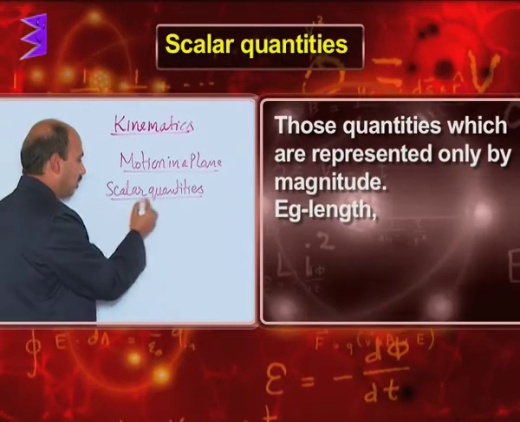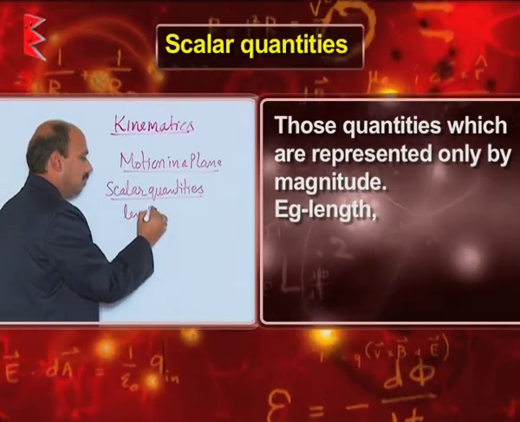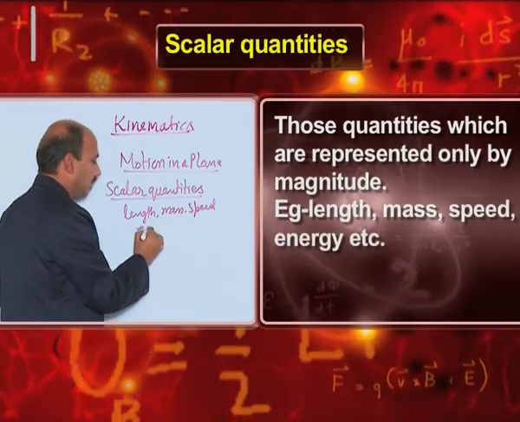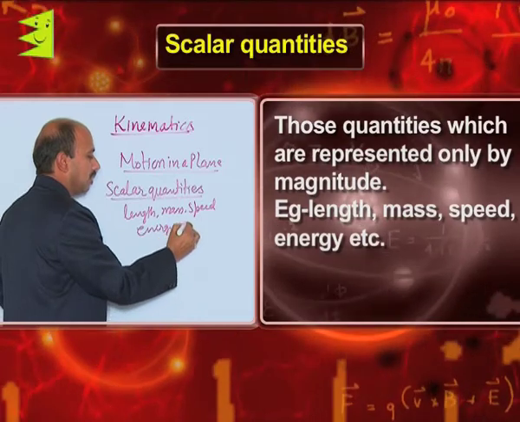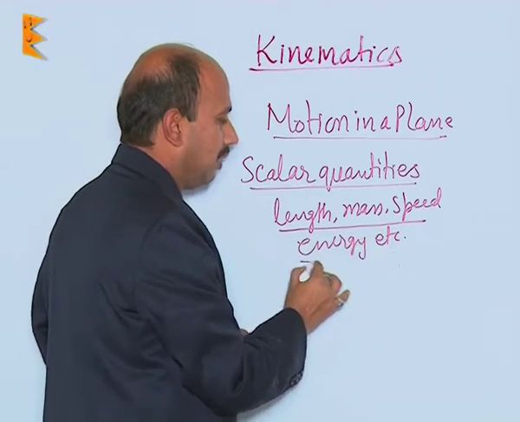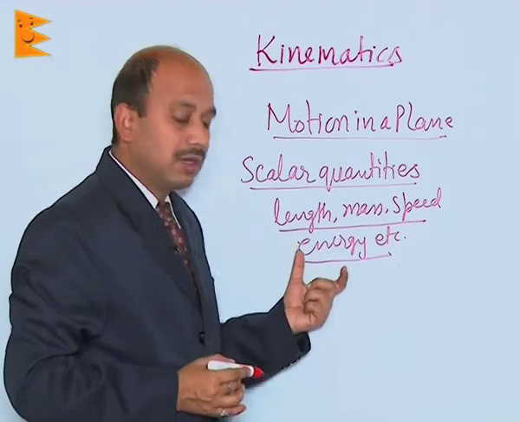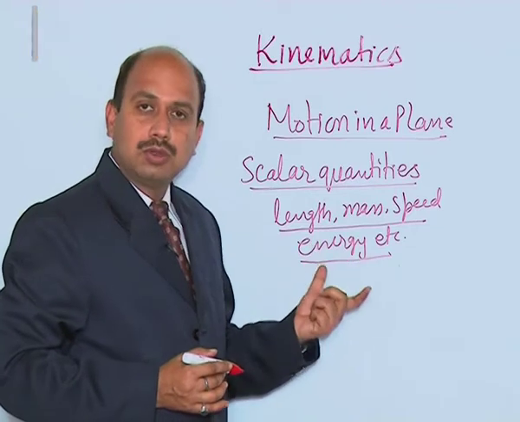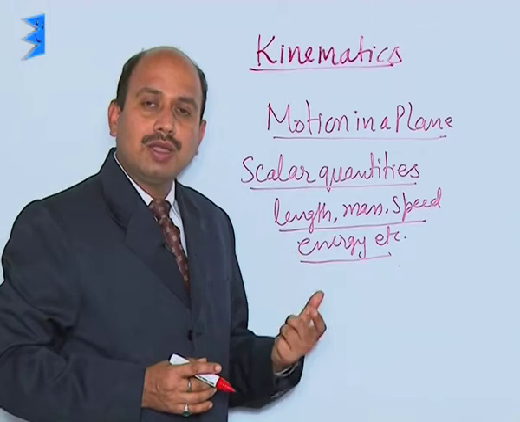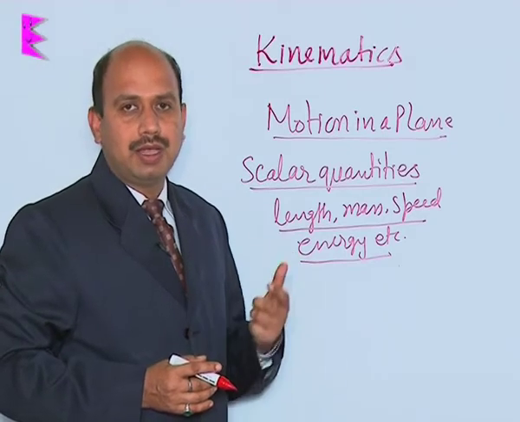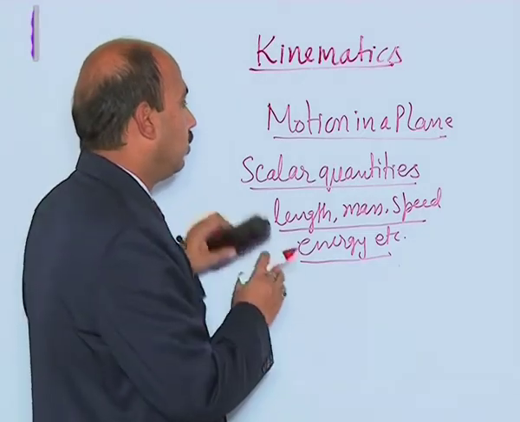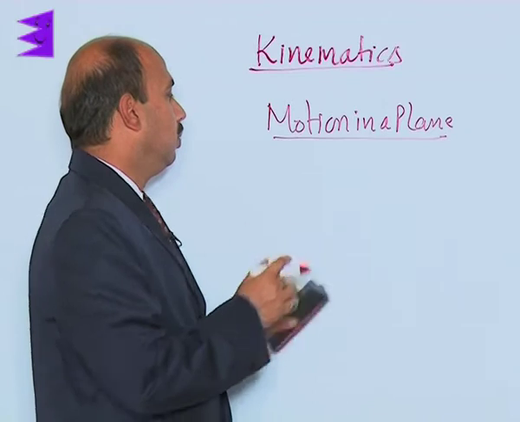Some examples of scalar quantities you can write like length, mass, speed, energy, etc. These quantities do not need any direction to describe, just magnitude is required to describe. So, these are known as scalar quantities. Now, see here, scalar quantities can be added or subtracted just by algebra, which you have done already in the previous classes.